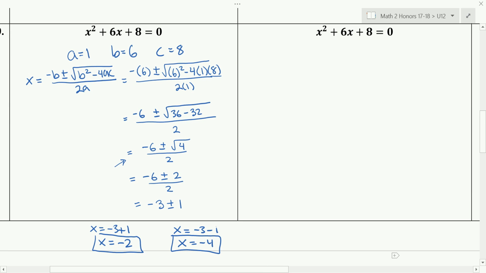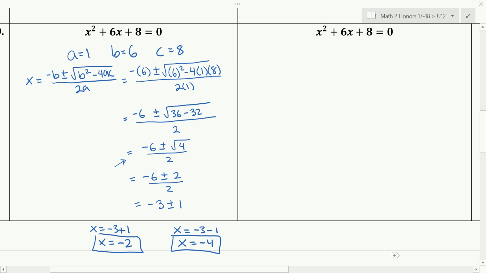If you do the quadratic formula, and your answer has a square root that you can't get rid of, so say we had square root of 5, then we've talked about this before. We said, well, then it's not going to factor. Remember that? It's only going to factor if your x values are fractions or integers, if they're rational numbers.